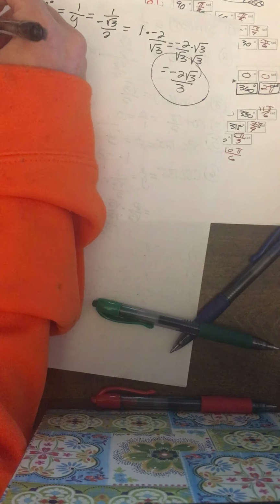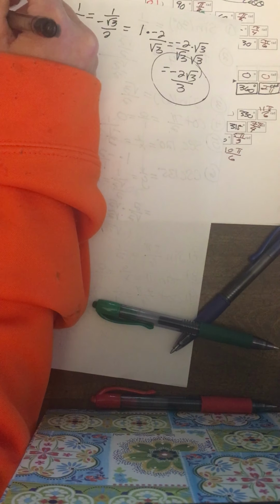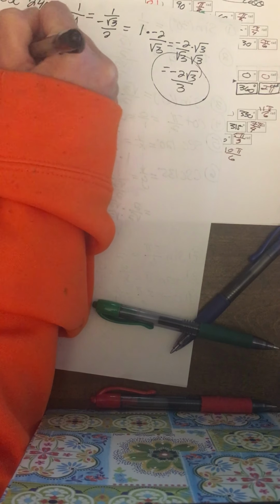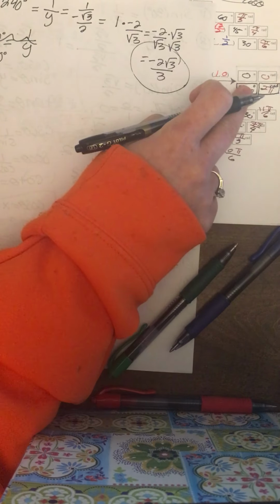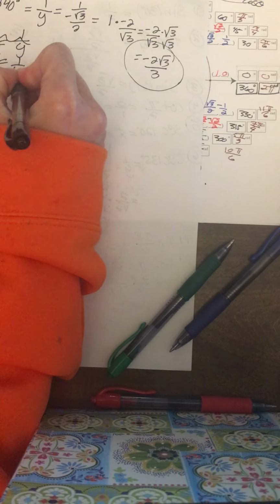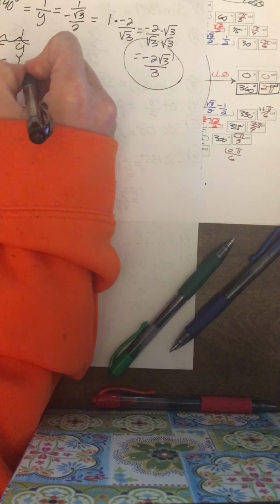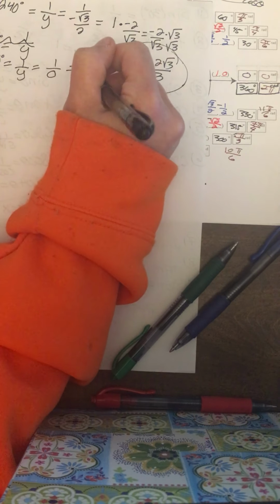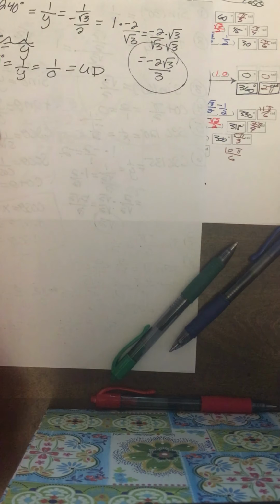Number 16, I wrote that wrong, my bad. Number 16 is CSC, or cosecant of 360 degrees, which is here, okay? Cosecant is 1 over y, but at 360 degrees, y is 0. And whenever we have a 0 in the denominator, it is undefined. So you can just write UD.